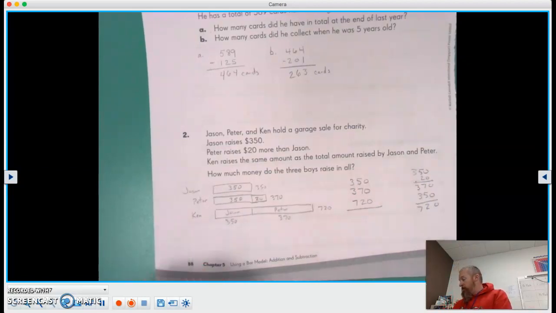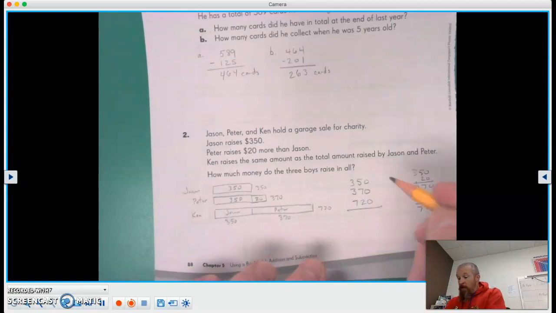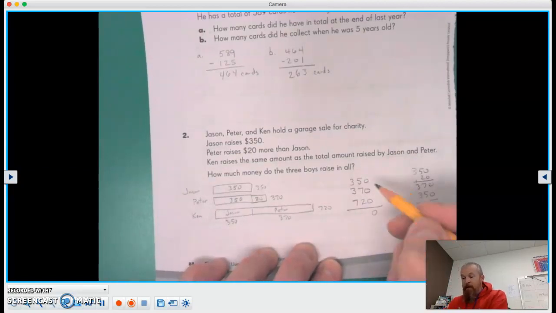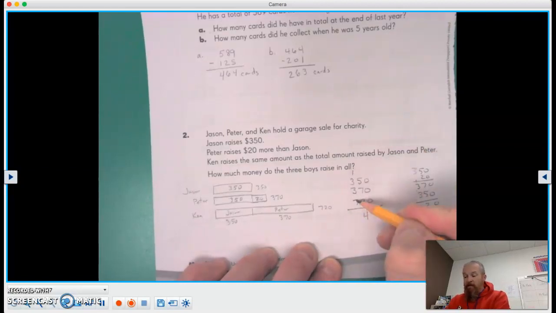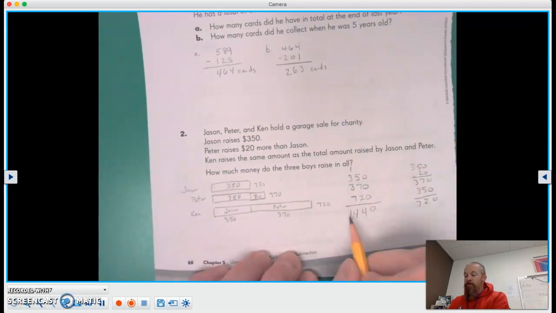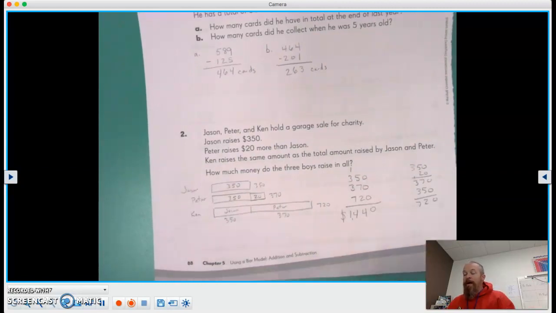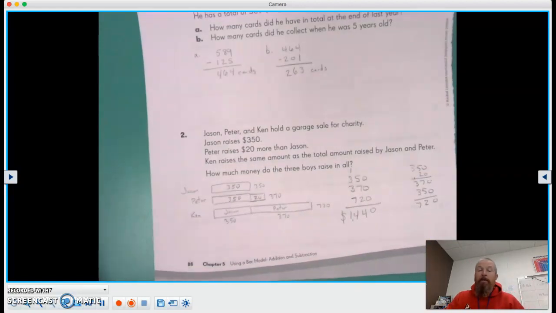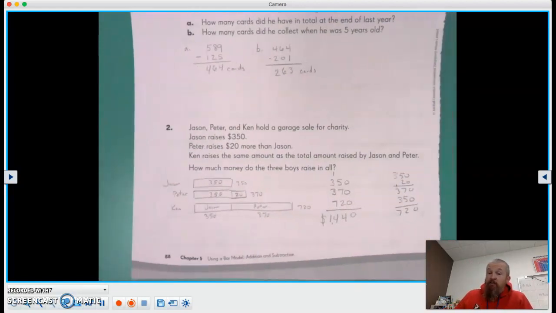Now, zeros. 7 and 5 is 12, plus 2 more is 14. We have 7 plus 3 is 10, 3 more is 13, and 1 more is 14. So the 3 boys raised $1,440 in all.